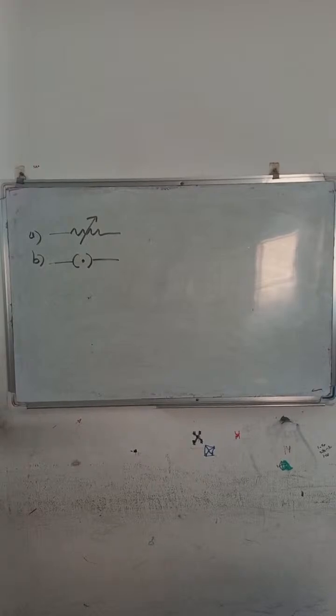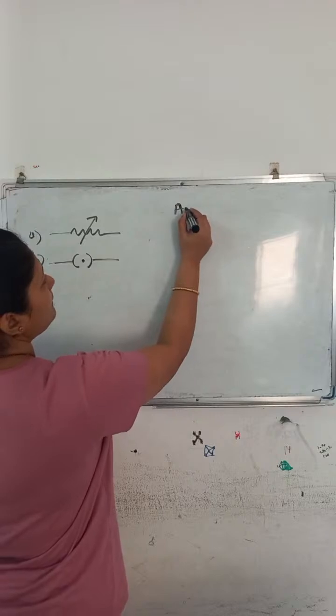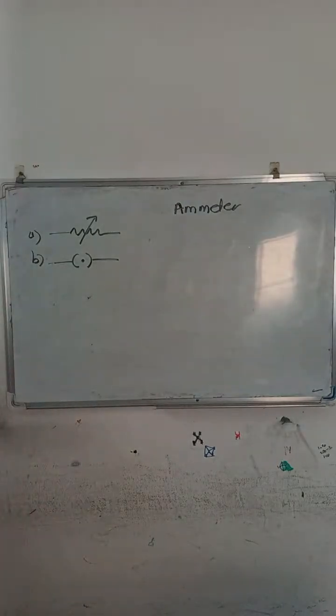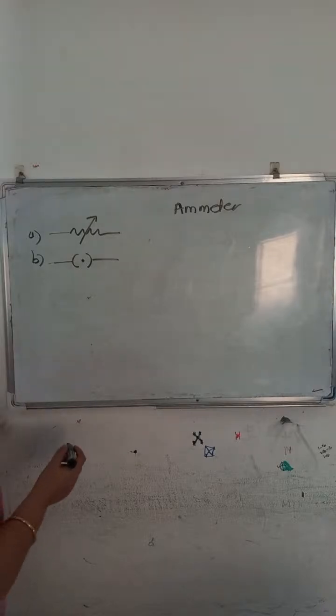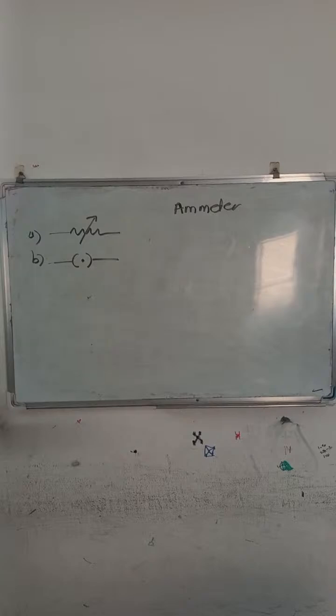Just now at the beginning of this session, name the instrument. Current is measured with the help of an ammeter. And current is nothing but what? Flowing of electrons, or movement of the charges whenever we are providing the supply or energy to them.